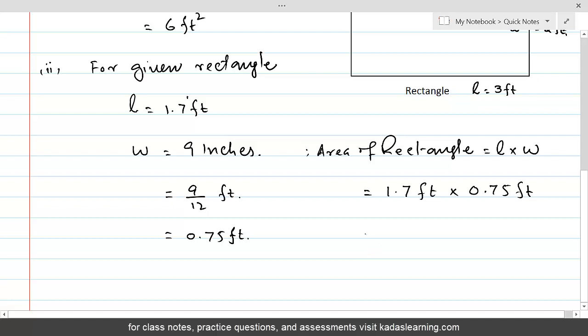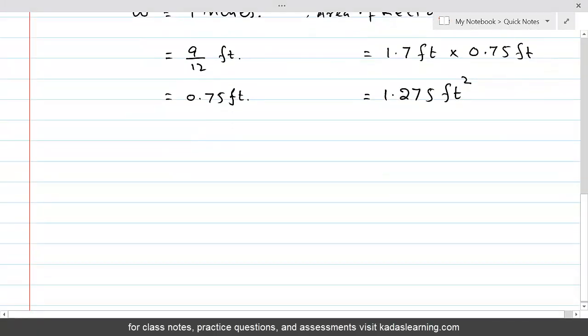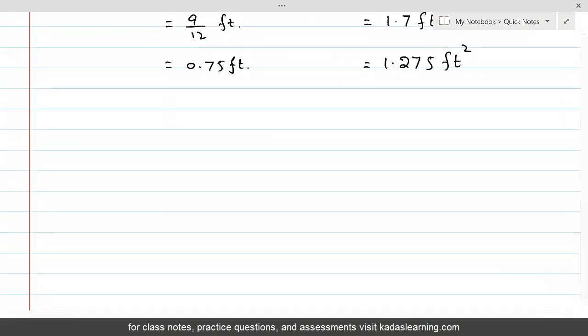Now because both units are in feet, we can easily write them as square feet. And if we multiply 1.7 times 0.75, the answer will be 1.275 square feet. So this is for the area of a rectangle, and now we will find out the volume of a box.